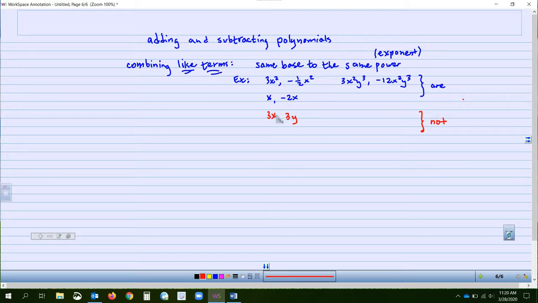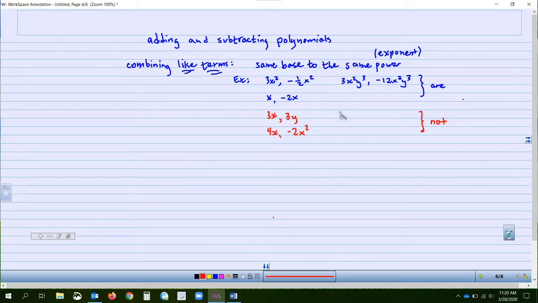The coefficients are the same, but the bases are different. Or what about 4x and negative 2x squared? They both have x's, but the exponent or power on this one is a 1, and the exponent on this one is a 2.